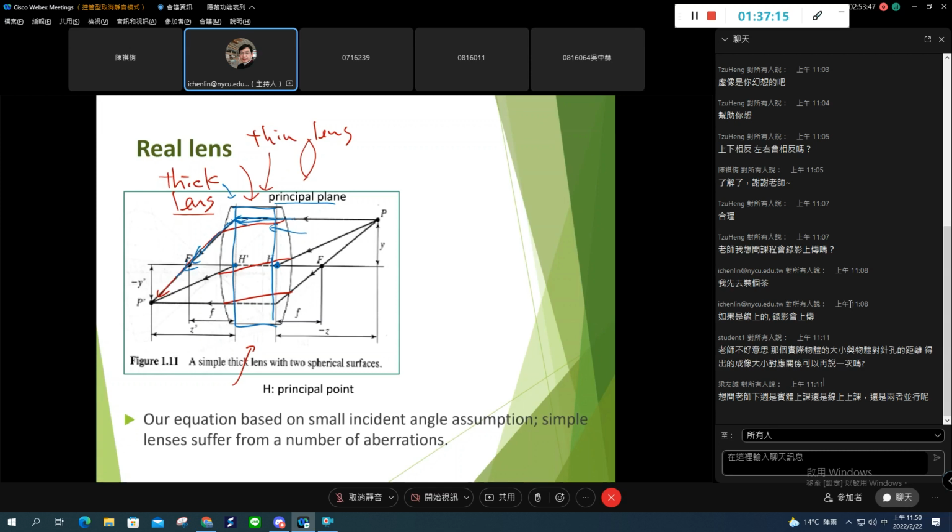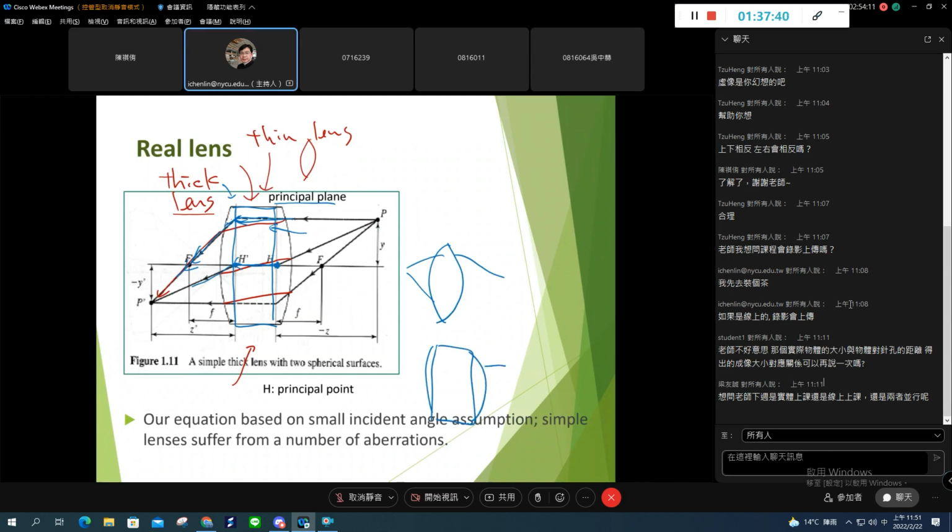Okay. And through this analysis, for instance, light passing through the edge point will go straight forward in this direction and then refract again. So it's just like a thin lens, and then we can put intermediate glasses within it.